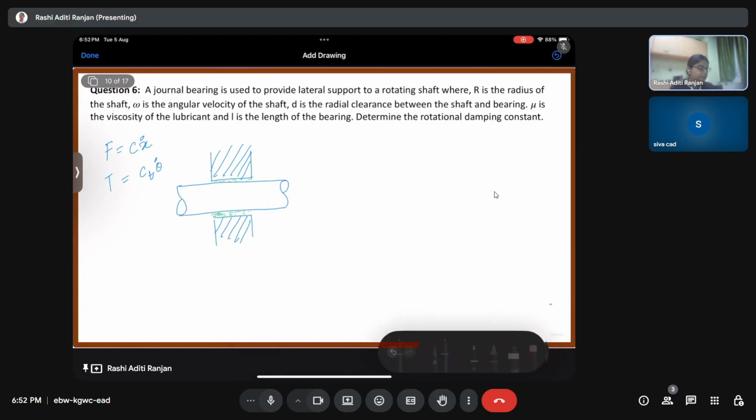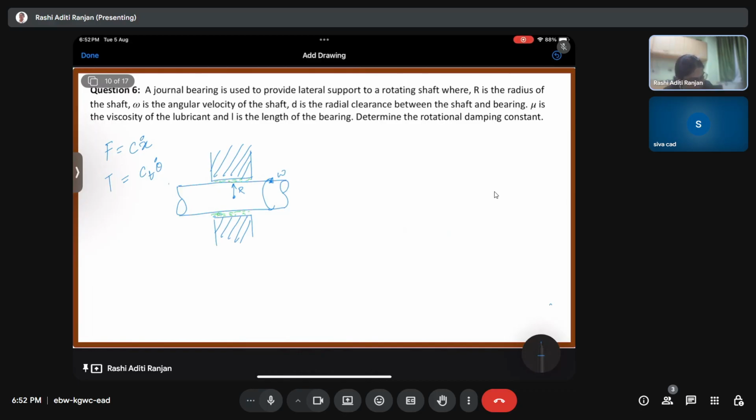Now, what do we have in the question? We have R is the radius of the shaft. Then we have omega is the angular velocity of the shaft. Then we have D is the radial clearance between the shaft and the bearing.